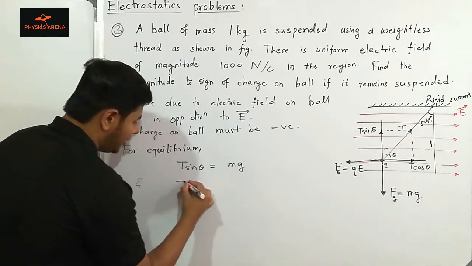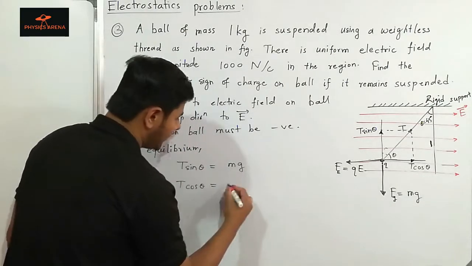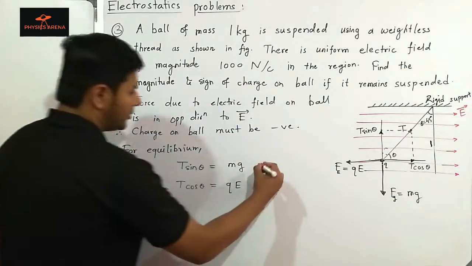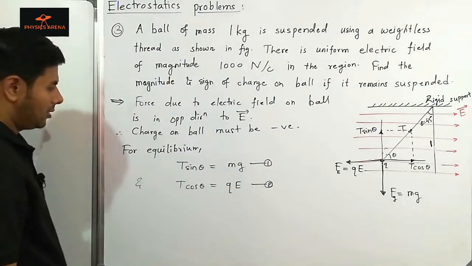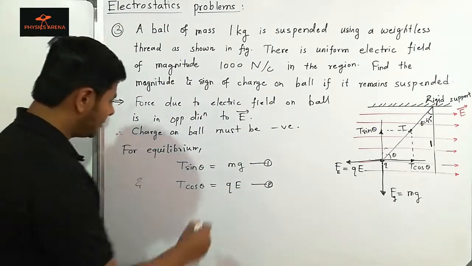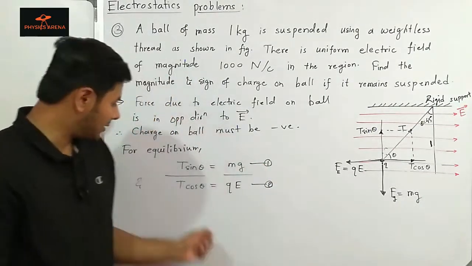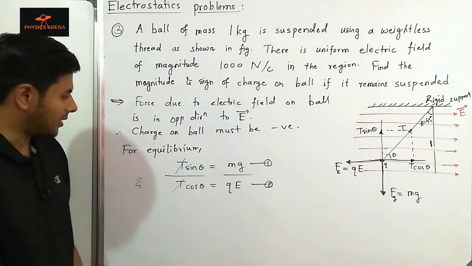And we have T cos theta equals force due to electric field, which is Q times E. So this is equation 1, and this is equation number 2. Let us divide equation number 1 by equation number 2, so that this T will get cancelled out.